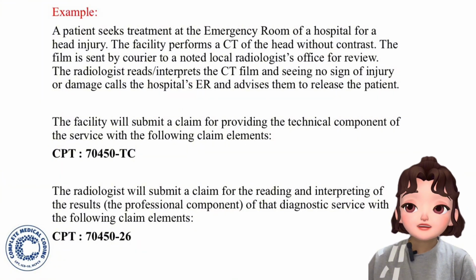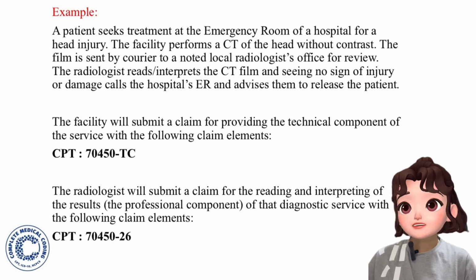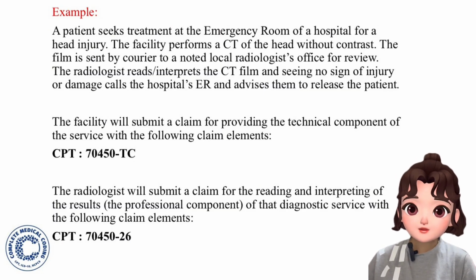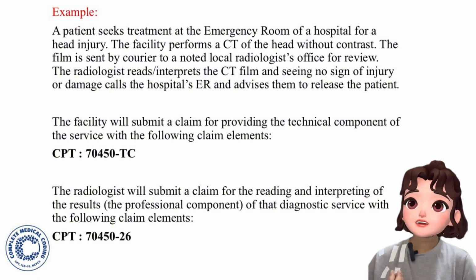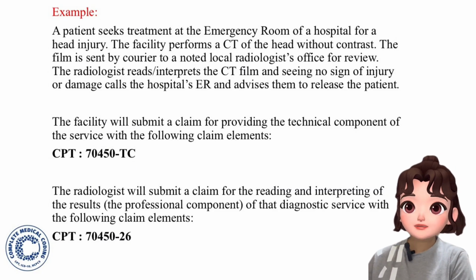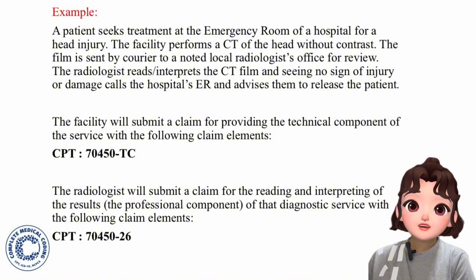Now, how does the radiologist submit a claim? The radiologist will submit a claim for the reading and interpretation of the result. That is a professional component, right? The radiologist is the one who reads and interprets the report of that diagnostic service, with the following claim elements: same 70450 with modifier 26. Here, the machine is not owned by the radiologist.